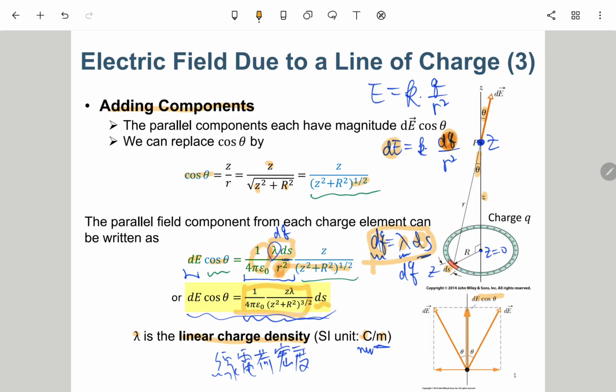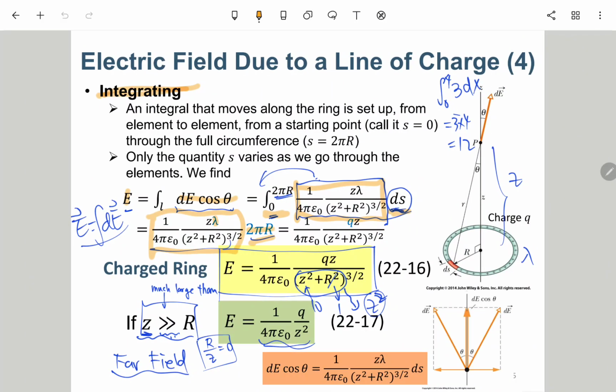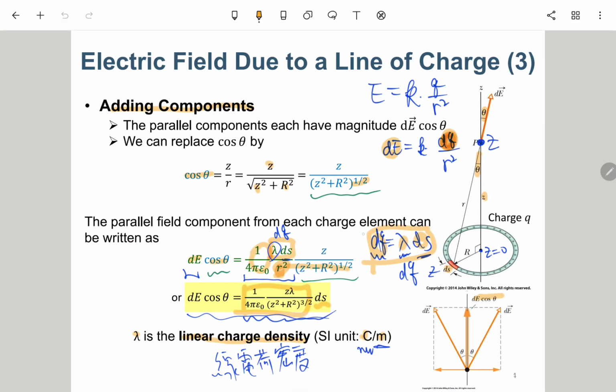It will just appear there and then finally be absorbed. So here we have dq equals lambda ds, which only considers a small part. And at the very end, we know the total charge amount is q. So finally we get q equals lambda times 2 pi r. This part we only consider the small length ds, but this part we consider the whole ring.